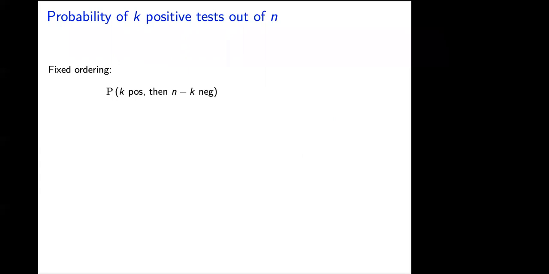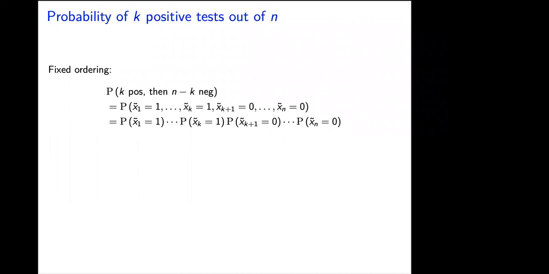Once we have this, we just talked about different orderings. Now let's say we have a particular ordering. Then what's the probability of K positive? It's the joint probability of this fixed ordering showing up with K positive tests.